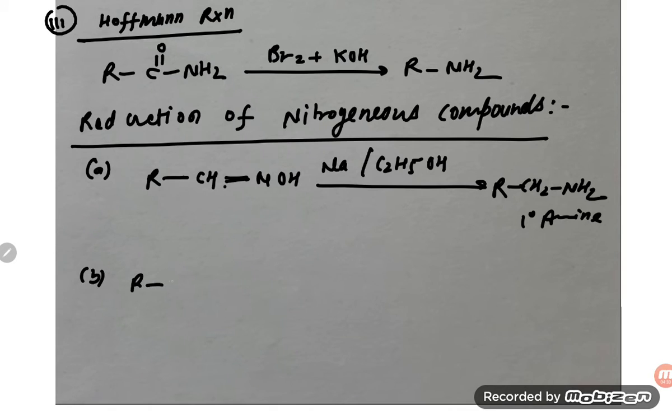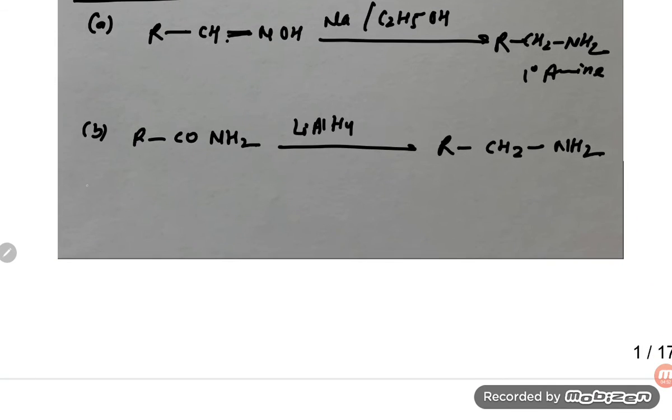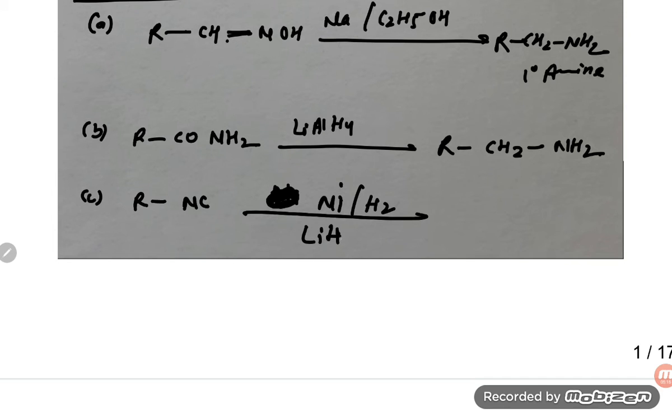If you have CONH2, this compound you treat with lithium aluminum hydride. It will also give RCH2NH2, again a 1 degree amine. Now the C number: again a nitrogenous compound, RNC, and you are going to treat it with Ni/H2, hydrogenation, or lithium aluminum hydride, or Sn/HCl or Zn/HCl, anything you can take, students. So you will get RNH2.